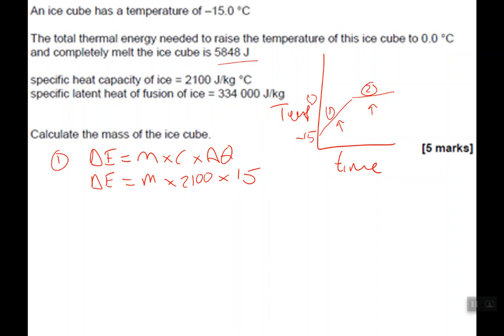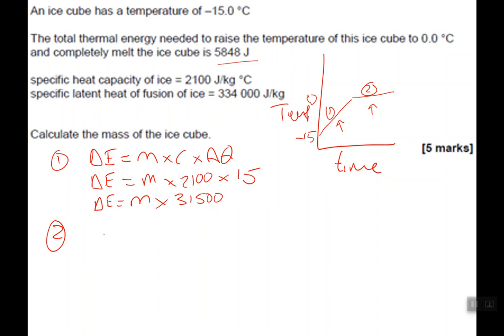Let's just simplify that. I could simplify it by doing 2,100 times 15. The change in energy is equal to mass times 31,500. Now I can't simplify it further. So let's go on to the next stage. Stage 2, changing the state.